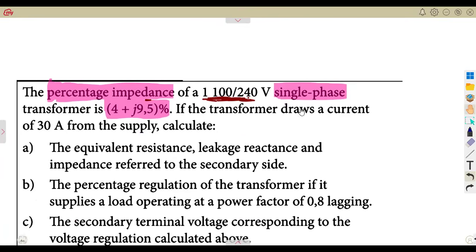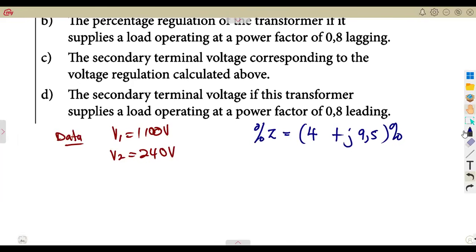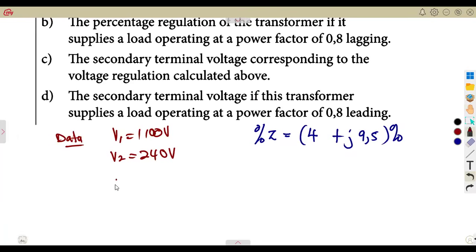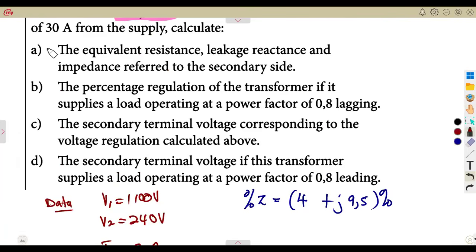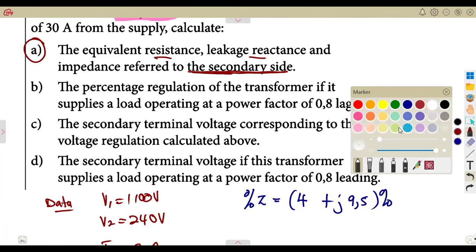And if the transformer draws a current of 30 amps from the supply, which is the current I1 that we have from the supply, they are now saying determine the equivalent resistance, the equivalent leakage reactance, and the equivalent impedance referred to the secondary side.